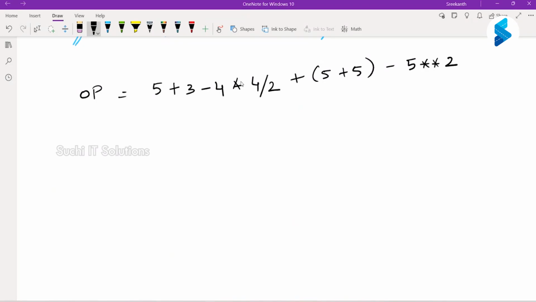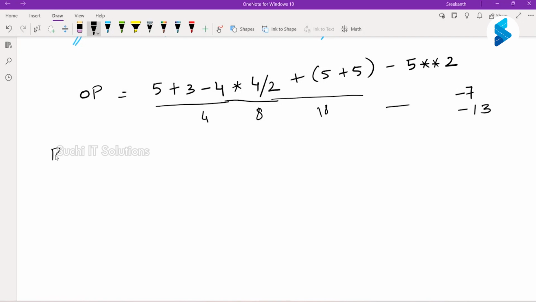So this is the expression. Do not use a calculator or the Python syntax as of now. Just by looking at this, can you please tell me what would be the output of this? -7. Okay, wonderful.